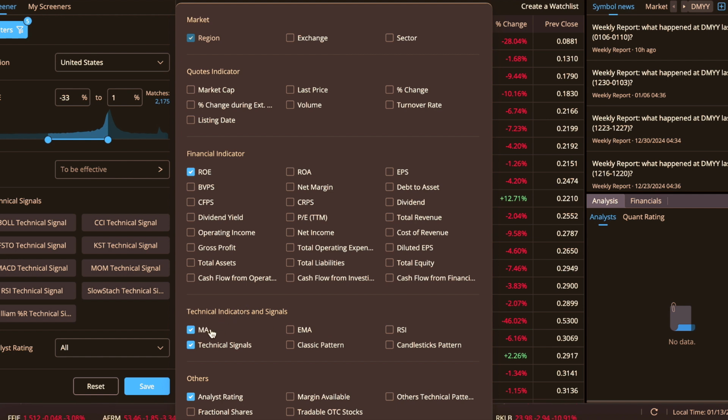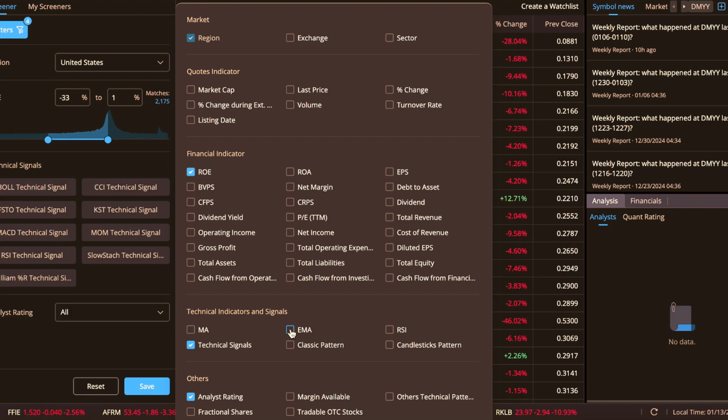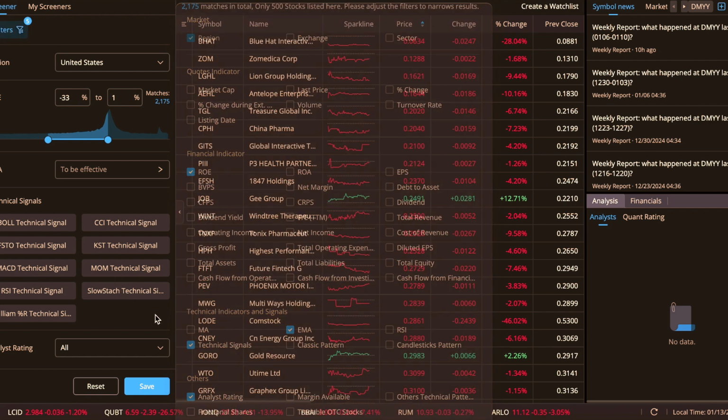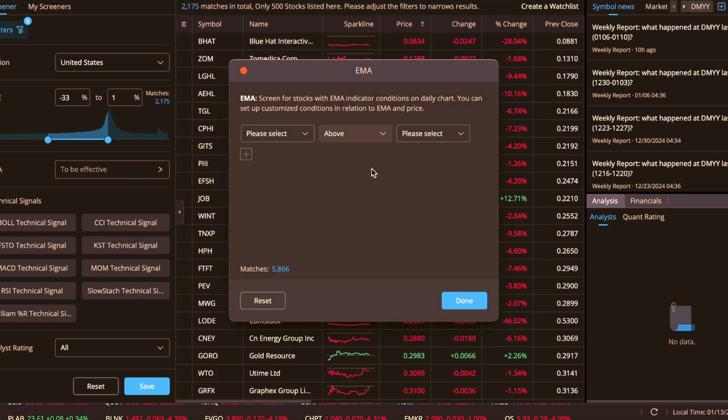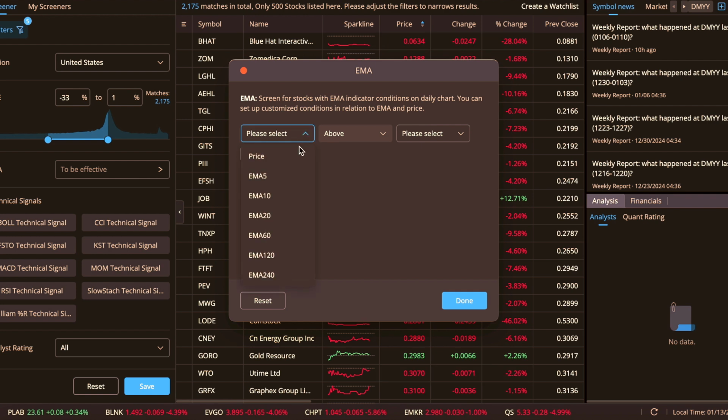Now, this is where it can get a little bit tricky. So you see here, they have MA, I'll go EMA, exponential moving average. And you see here, this then brings up EMA. Now, what this is going to say is you want to select an EMA here, and these are preloaded by Webull. As far as I know, there isn't a way to adjust these, right?